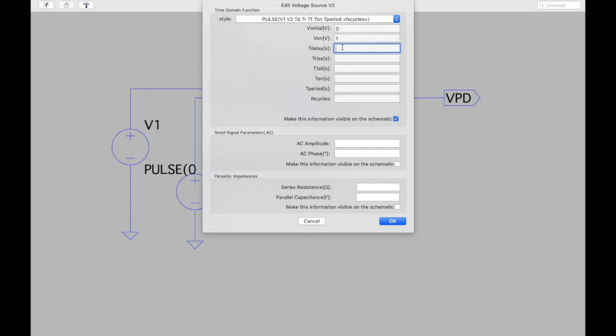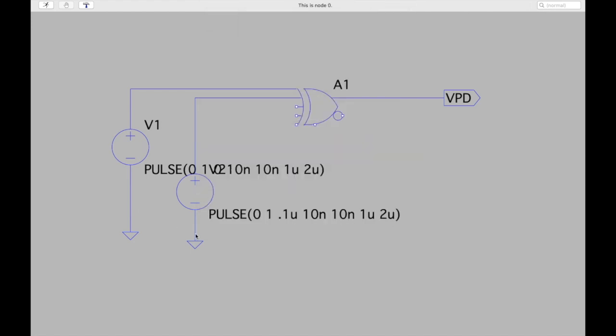We'll put it in microseconds, maybe let's start with 0.1 microseconds. T rise again will be the same as this one, so we have 10 nano, T fall 10 nano, T on again the same, 1 micro, 2 micro. So we are done.